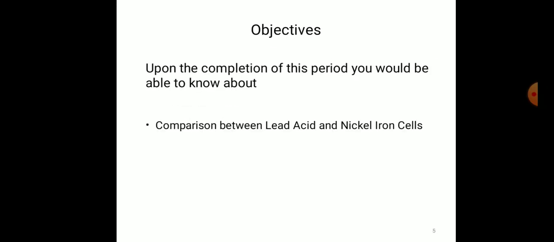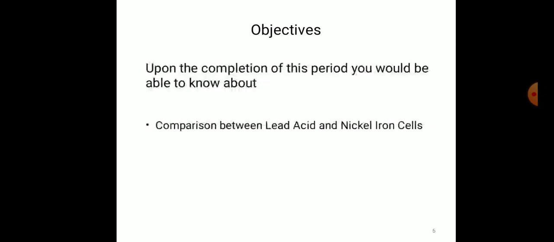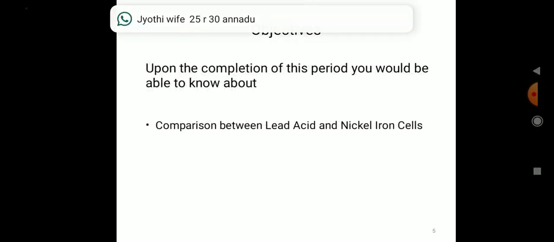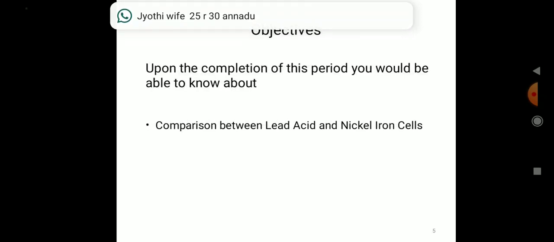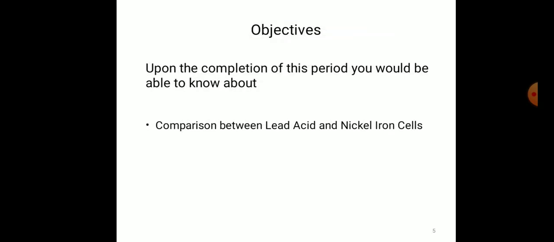We also have an objective of the comparison between lead acid and nickel iron cells. What is the importance of the lead acid cell and the nickel iron cell? What are the different properties and the different materials we are using?